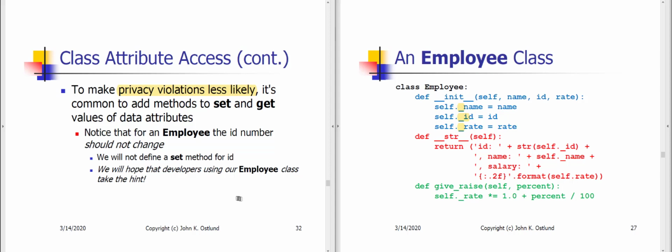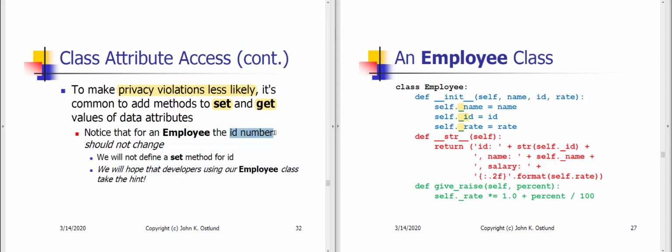Well, what we're going to do is define a bunch of set and get methods to set the values of data attributes or get the values of data attributes. And we hope that because we provided these functions, the other developers using our class will use these functions rather than blowing past our privacy expectation.